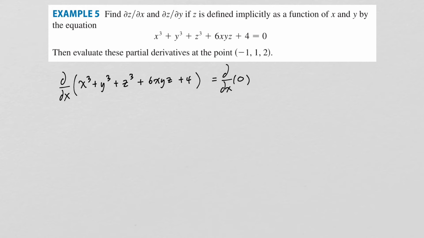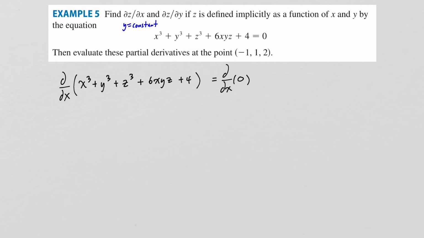So anytime you see an x, you're going to take a regular derivative. You're going to think of y as a constant. And then anytime you see a z, you're going to think of that as a function of x. So when you're looking at partial z, partial x, you're going to treat z and x as variables, and you're going to think of y as a constant.